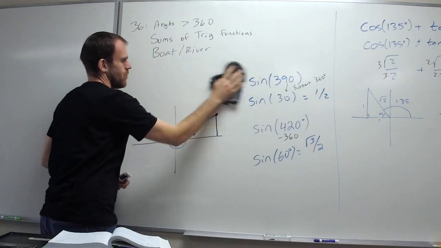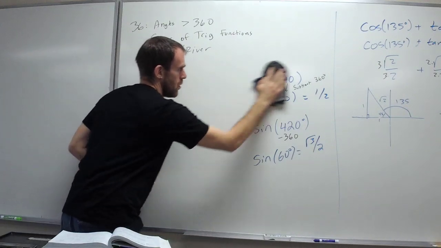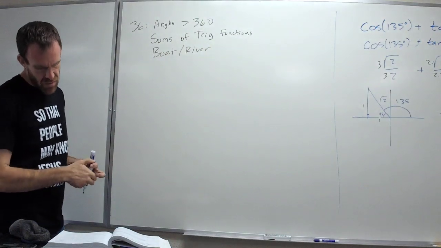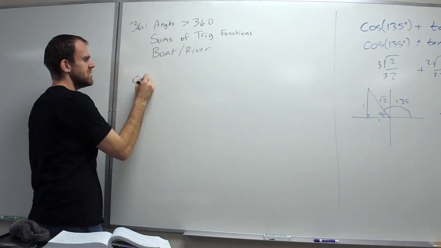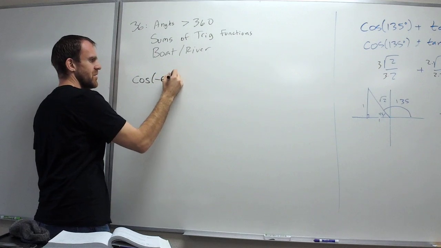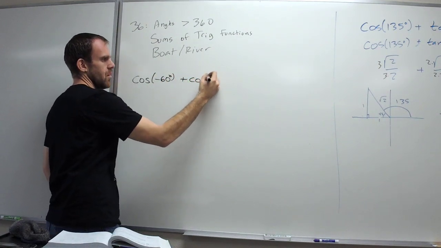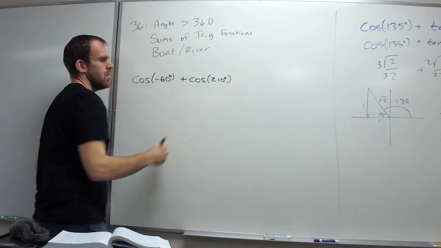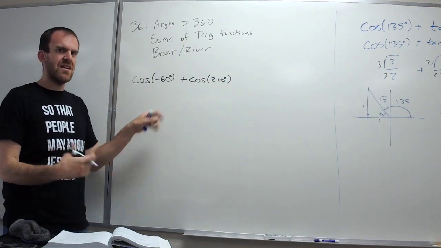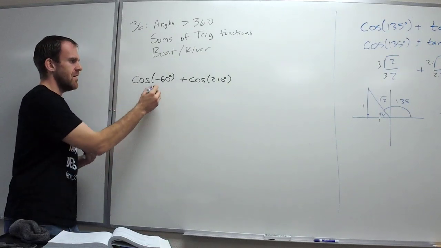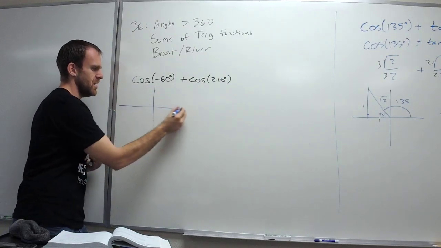So we have cosine of negative 60 degrees plus cosine of 210. So maybe you're confused by the negative 60. That's all right. We'll go ahead and draw out the graph indicating where that would be.